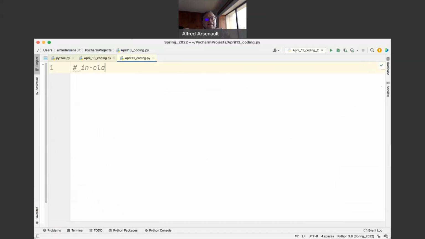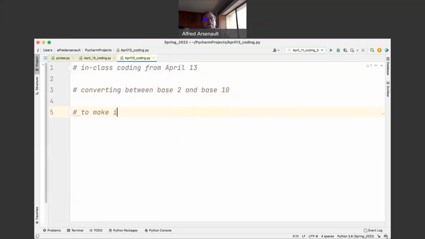This is in-class coding for April 13th, converting between base 2 and base 10. To make it clear to Python this is base 2, use 0b.